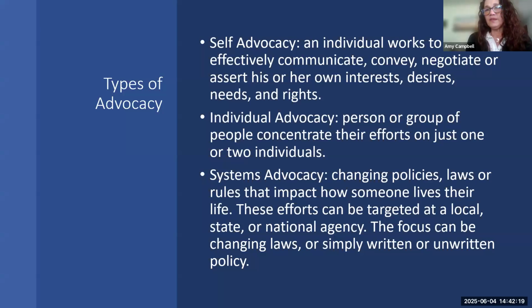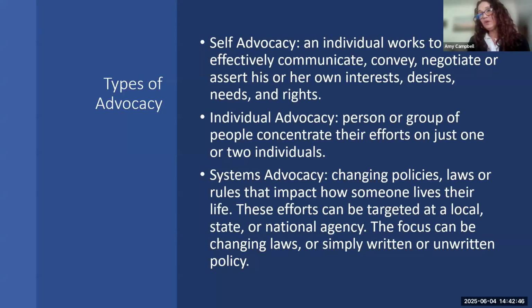On the most basic level, there are different types of advocacy. Self-advocacy is someone who is advocating to improve their own condition, trying to communicate with decision makers to assert your own interests, your needs, and your rights. Individual advocacy is advocating for the betterment of an individual.